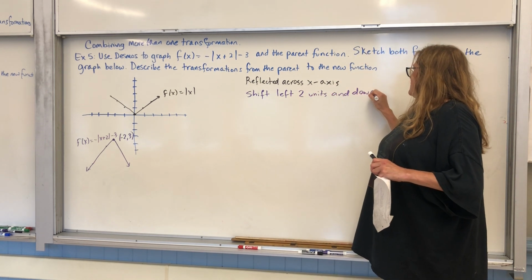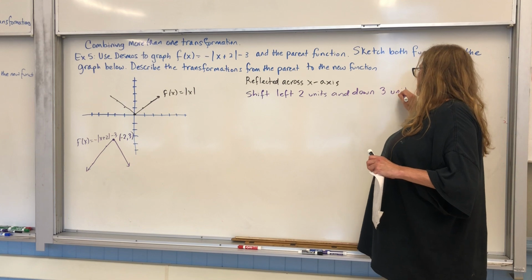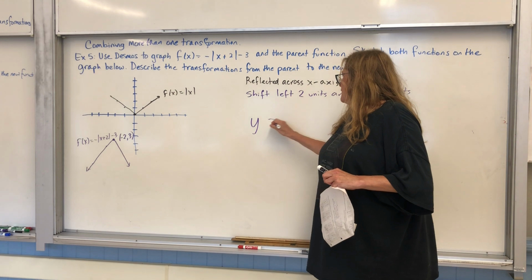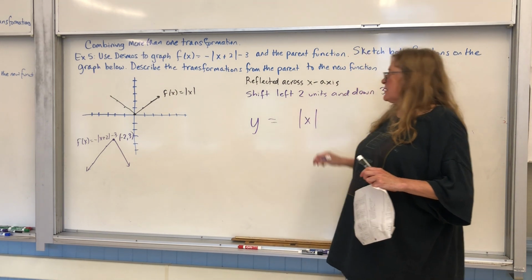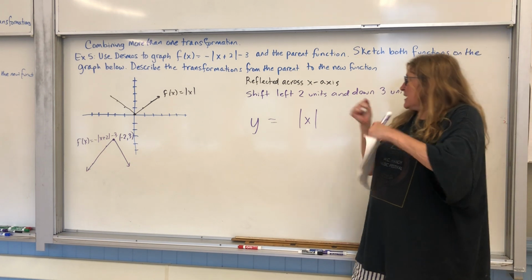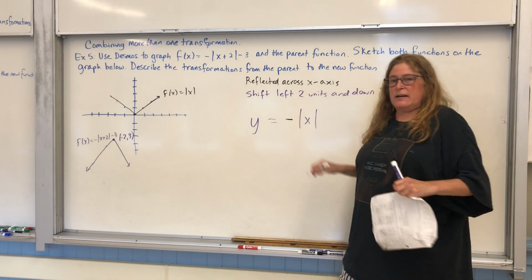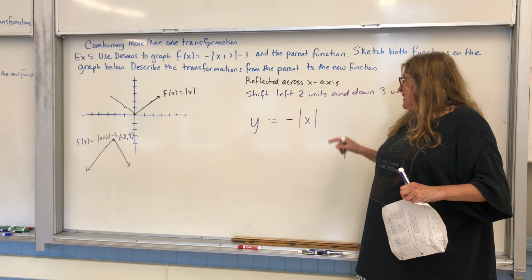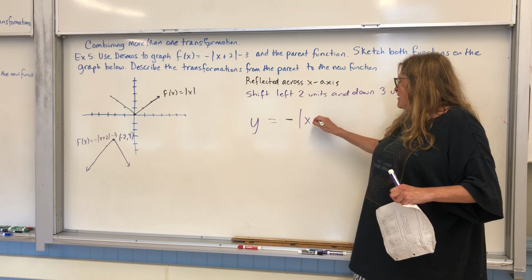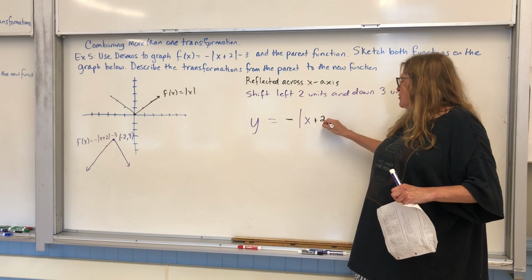So the very last thing I want to do is just sketch out this equation. Here's our parent function, y equals absolute value x. So if you remember from the lesson, what makes it turn upside down is a minus sign out here. Okay? What makes it go left 2 units is actually to put an x plus 2 in here.